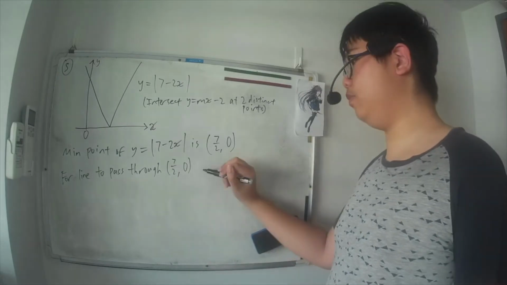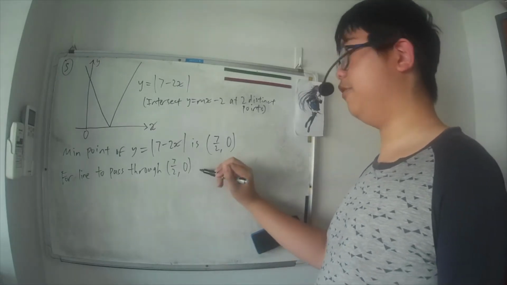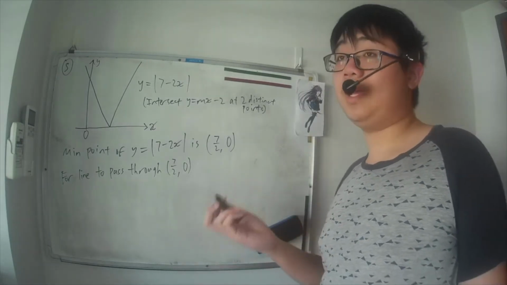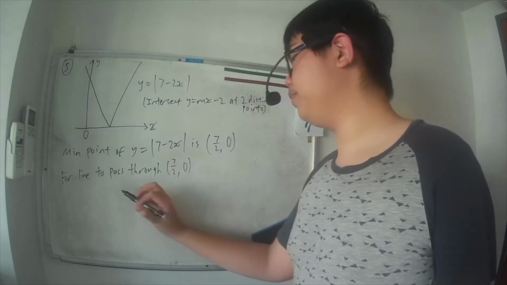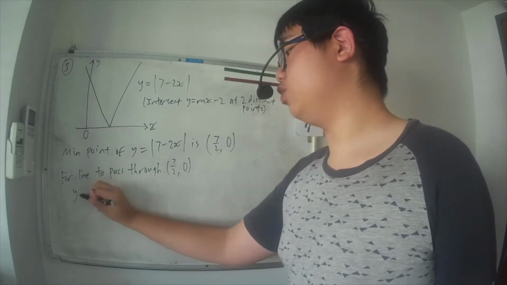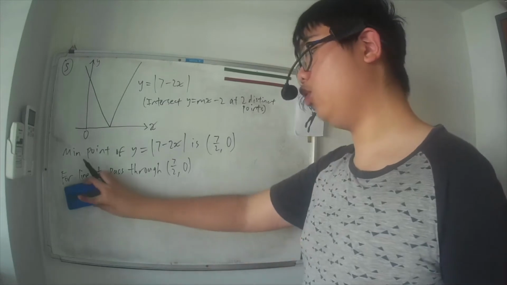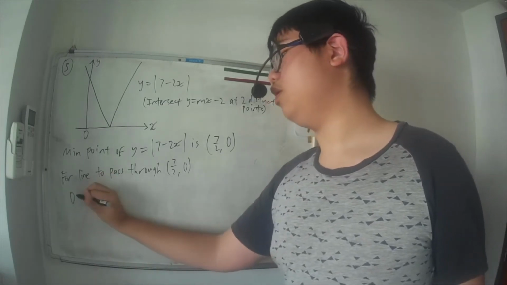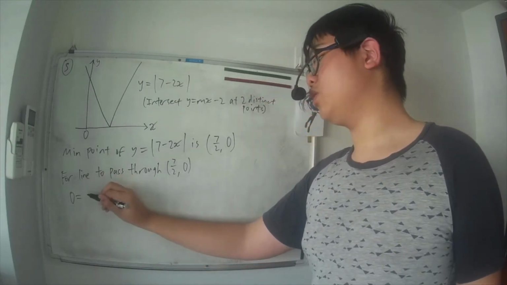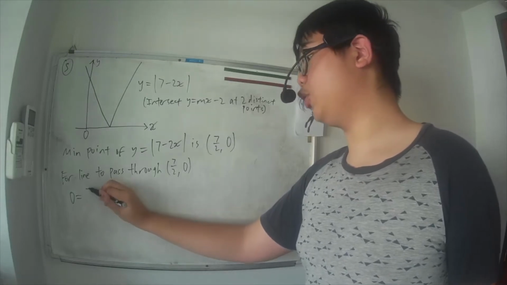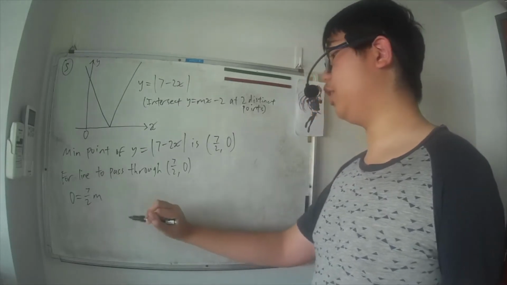then the vertical intercept is -2 already. So let's let 0 equals to mx plus c. So this is 7/2 m, and then don't forget about the -2.